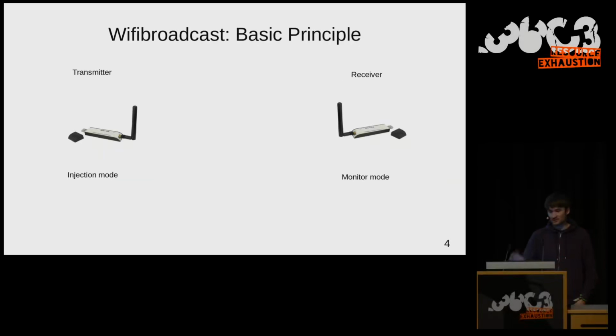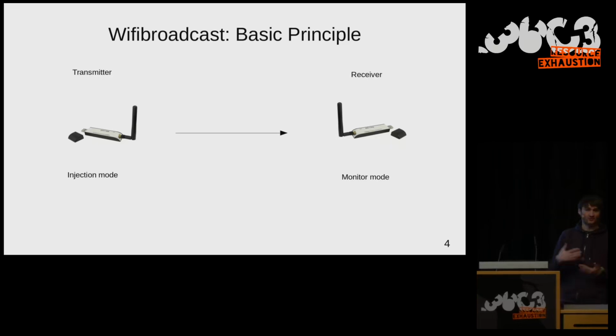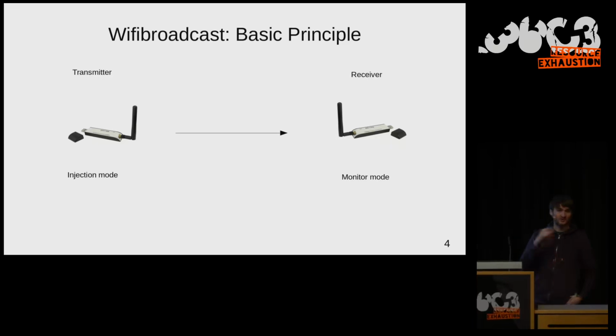And the receiver runs in monitor mode, meaning it will pick up all the packets that are floating around in the air. And with an appropriate filter on the receiver side, you just get the packets from your transmitter. And this already establishes a very primitive but surprisingly good working link that does not share all the problems of standard Wi-Fi that I mentioned in the previous slide.